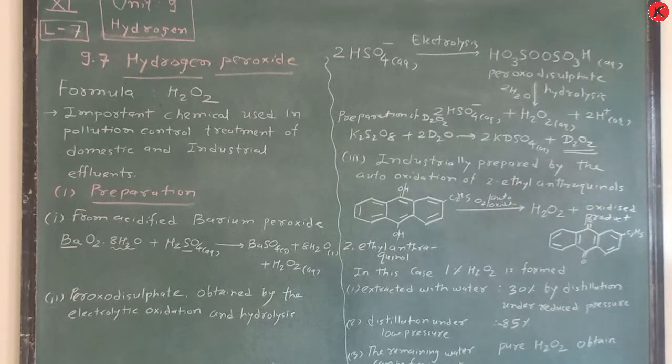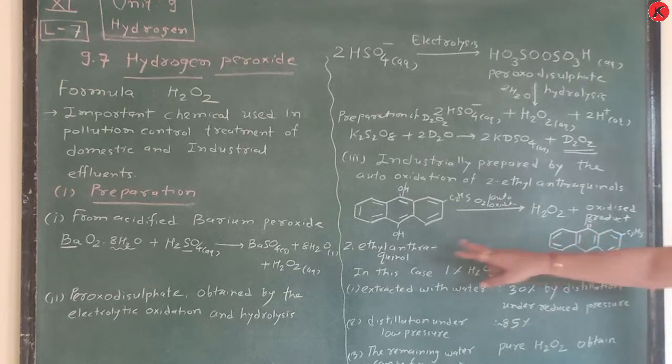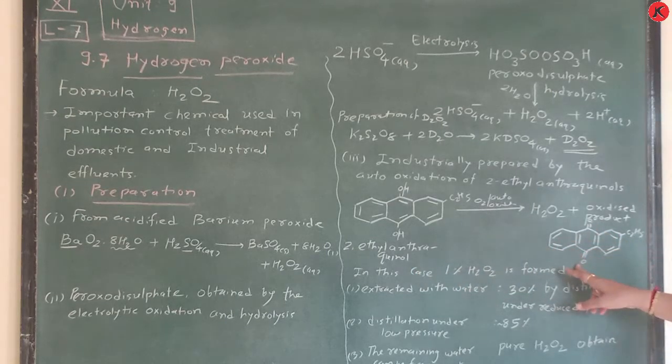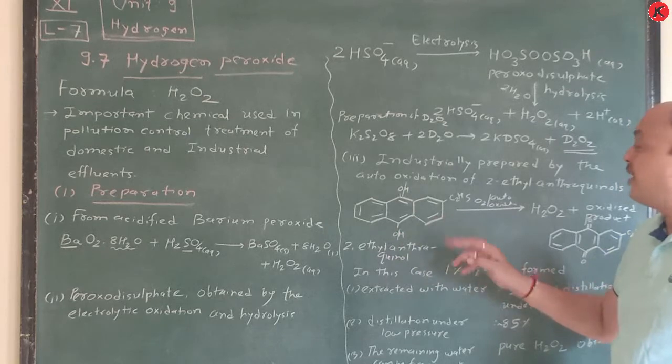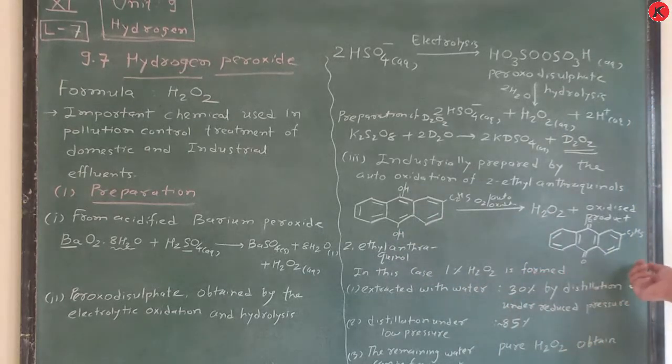So this byproduct is obtained. Double bond O is there, so this is anthraquinol, but this is known as quinone. Remember, this is 2-ethyl anthraquinone. H plus and H plus are released. Due to the oxidation reaction, electrons are released, and therefore we get H2O2 and this type of product. Suppose we write O negative, then you have to write 2 electrons also.